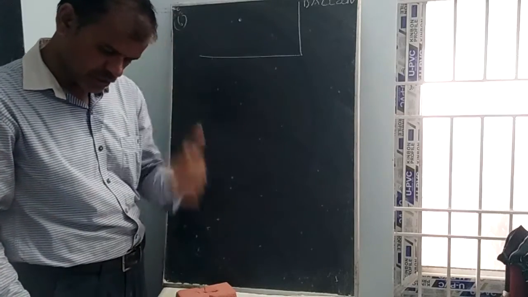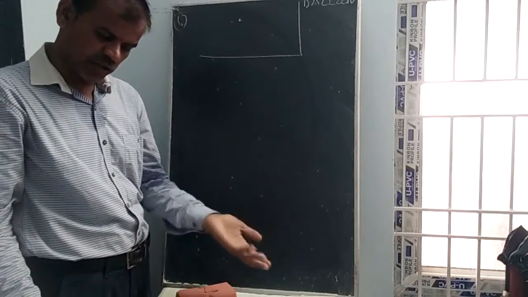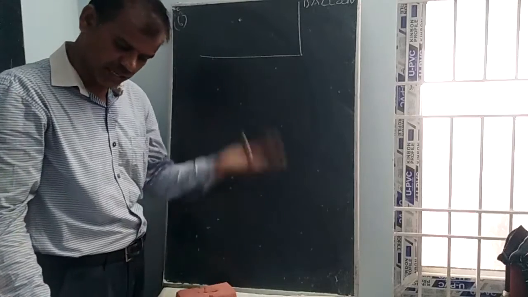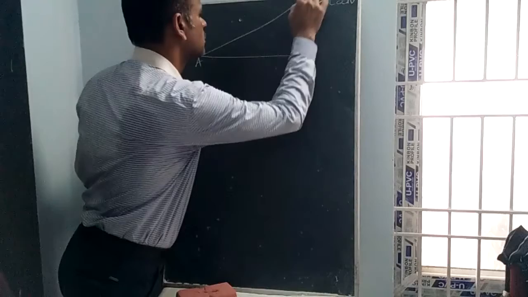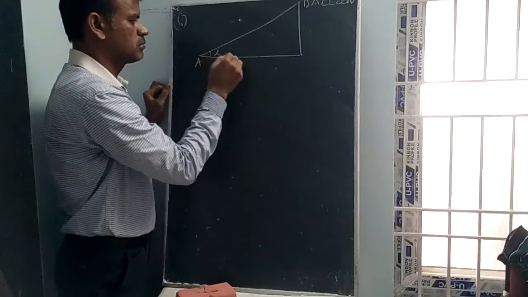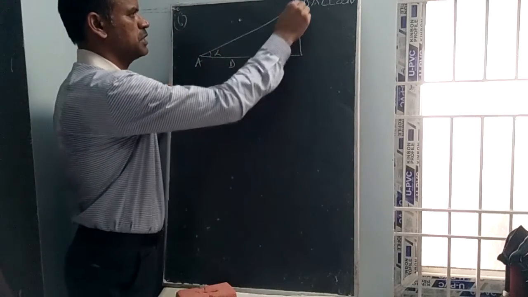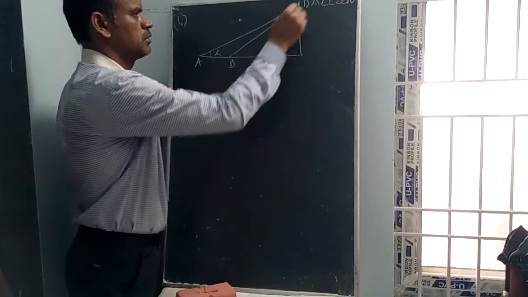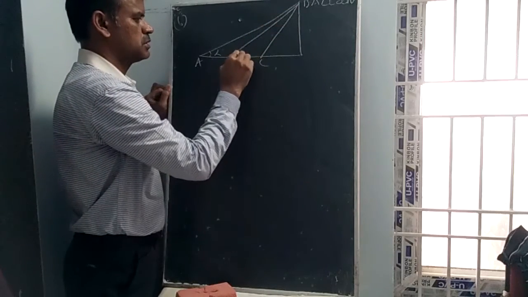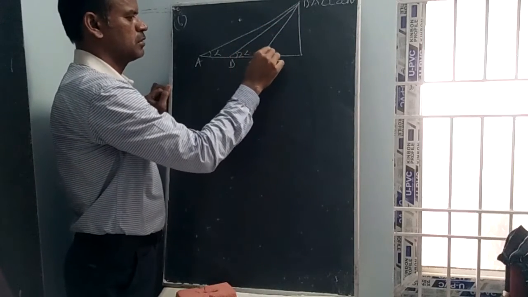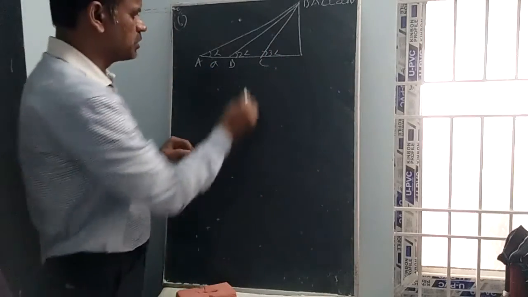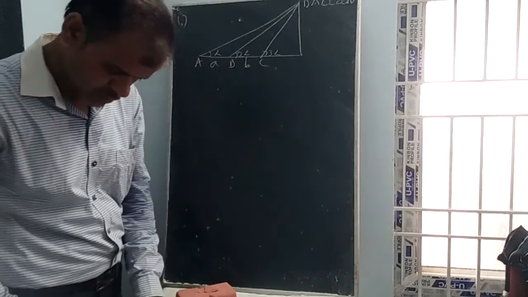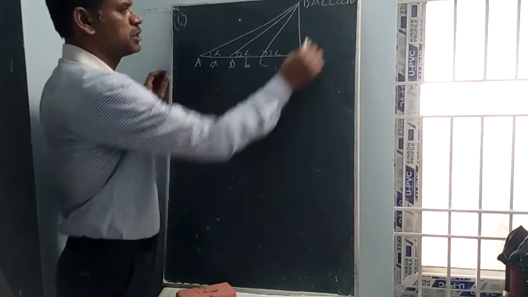The angle of elevation at B is twice that of A and the angle of elevation at C is thrice that of A. So A is the main one. Here it is alpha. This is B, this is C. This is 2 alpha. This is 3 alpha. AB equal to small a and BC is equal to small b. Then the height of the balloon is H.